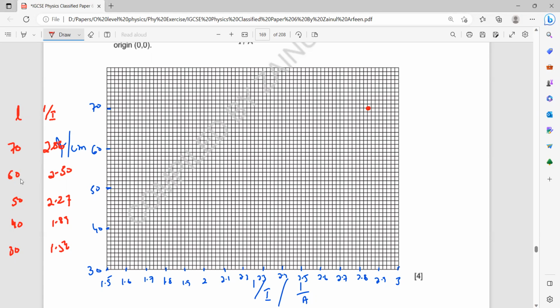Then 60 and 2.5. So 2.5 is this, and 60. Then 50 and 2.27. So 2.26, 2.28. Between them will be 2.27, and this is 50.